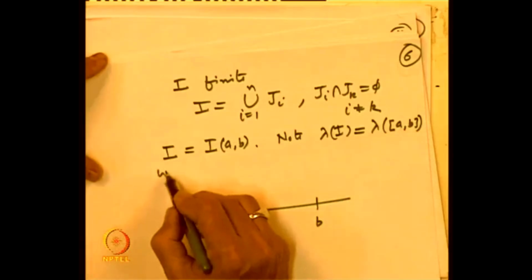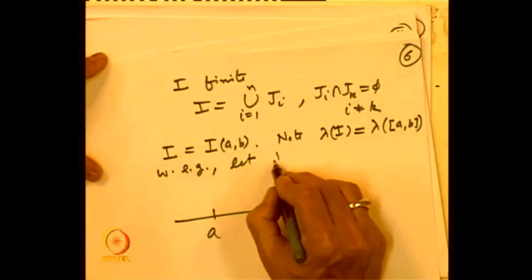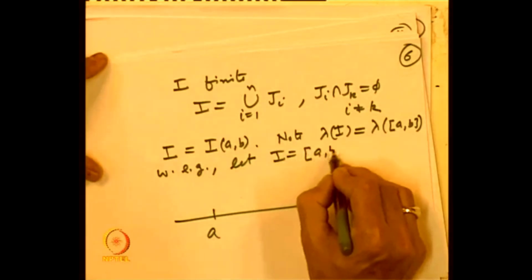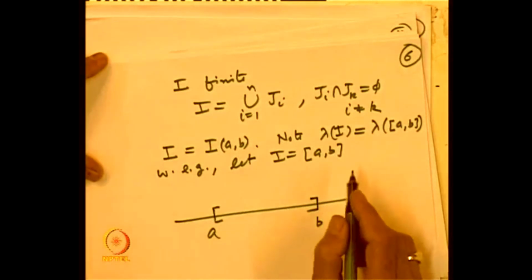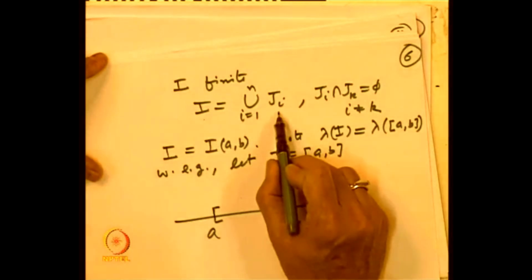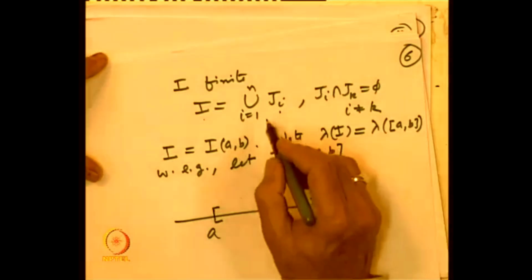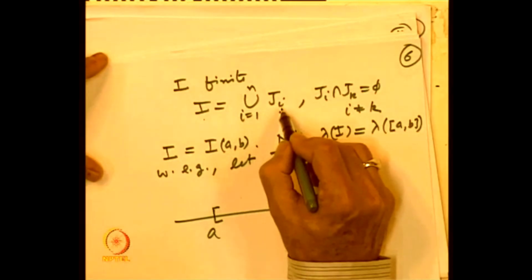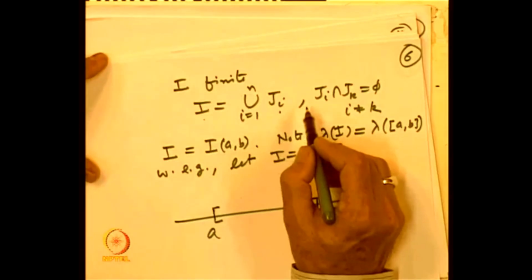So without loss of generality, let I be equal to [A, B]. Now I is equal to the union of J_i's. So the point A belongs to this union, so it should belong to one of the intervals J_i's. Actually it has to be the endpoint of one of the intervals J_i's, because the interval cannot start somewhere else.